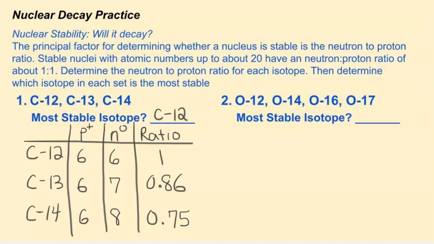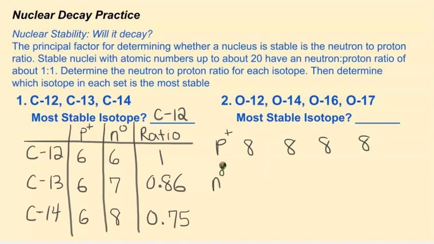Number 2 gives us 4 oxygen isotopes, and so we will start by doing the proton to neutron ratio for each, and this time instead of drawing out a whole table I'm just going to write it beneath. We know that all isotopes of oxygen have 8 protons, so I'll put an 8 under each of our isotopes.